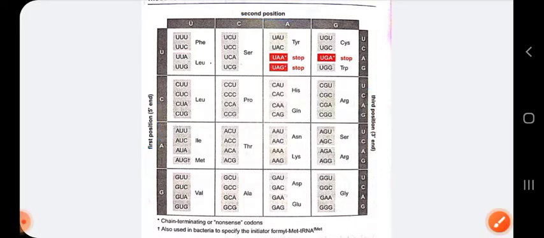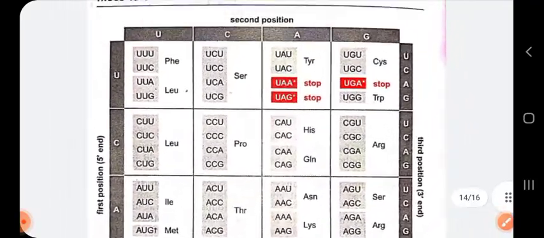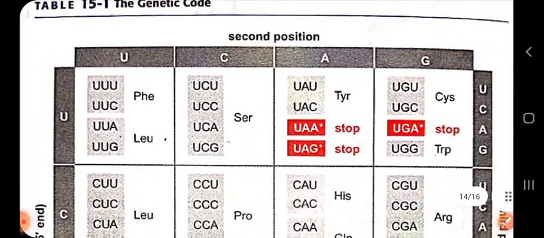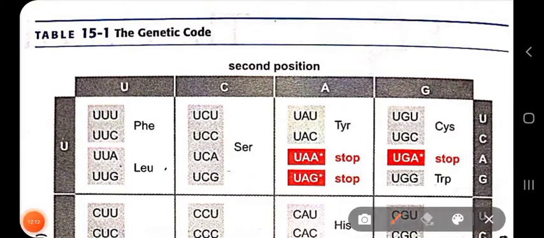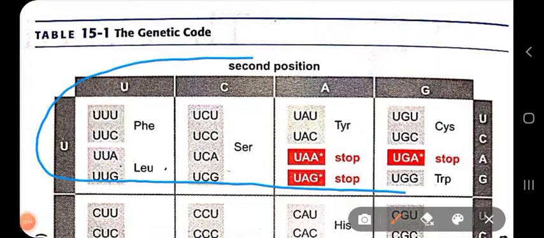Let us see by zooming into a particular box. I am now observing this top box. The first letter is U, the second letter is U, and the third letter right here is U.